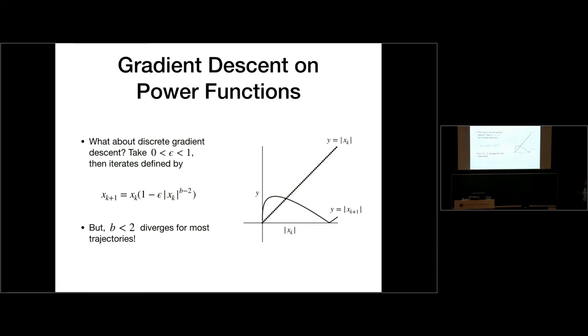To give you a little bit of intuition, I've plotted here x_k on the x-axis. And on the y-axis, I have the dotted line representing equality. So anything below this is smaller than the magnitude of x_k. Anything above this is bigger than the magnitude of x_k. The straight line is the magnitude of x_{k+1} according to this equation.